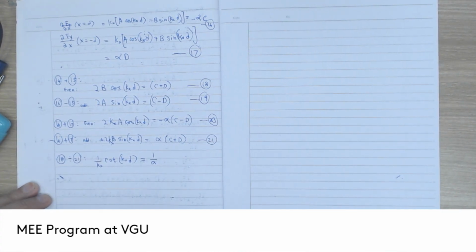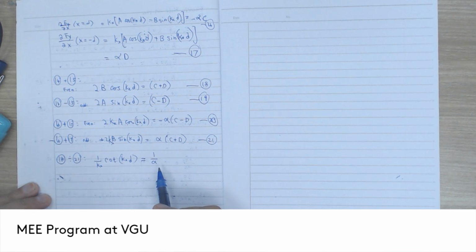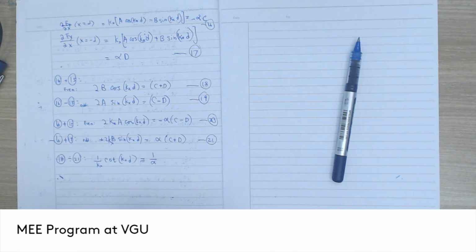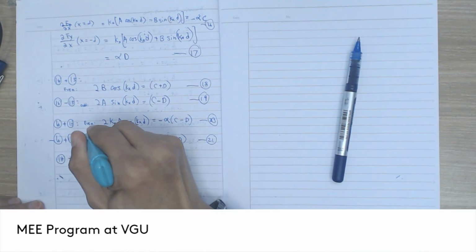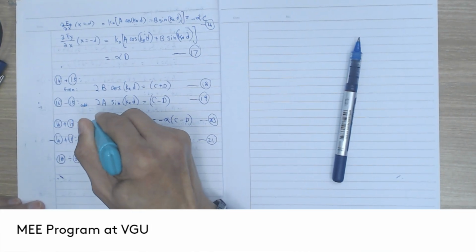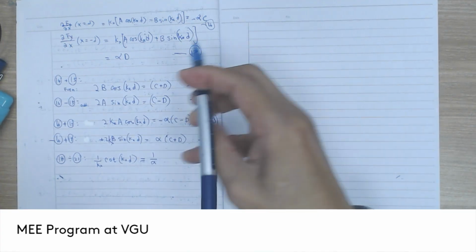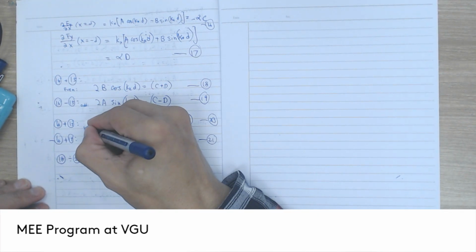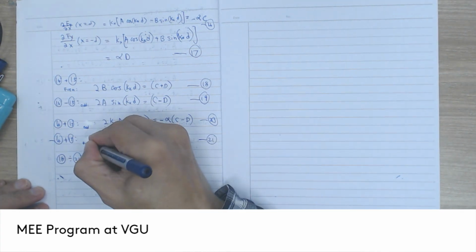So based on the information here, I can find out. Sorry, this one should be even. This one should be even. This one should be odd. So because we have a here, odd and even.